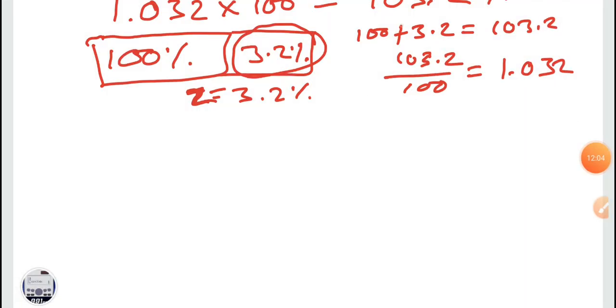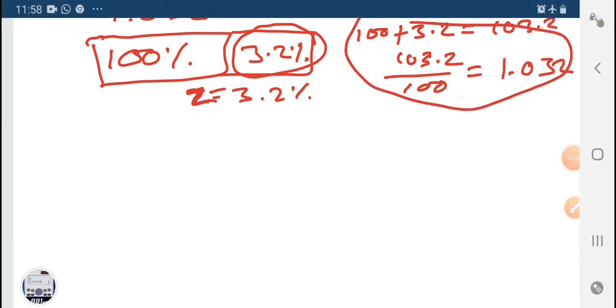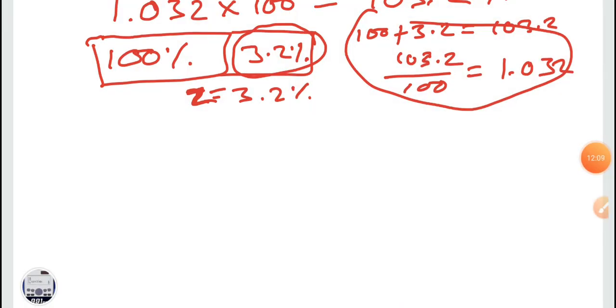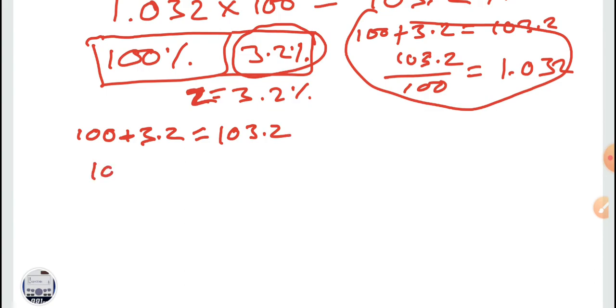So I just want you to think about this bit here in a bit more detail. So remember, I told you if I knew the interest rate was 3.2%, I would do 100 plus 3.2, which would give me 103.2. Then I would do 103.2 divided by 100, and that would give me the decimal multiplier 1.032. So for this question, we essentially had to go backwards. So the first thing we had to do is instead of dividing by 100, we're going to times by 100.